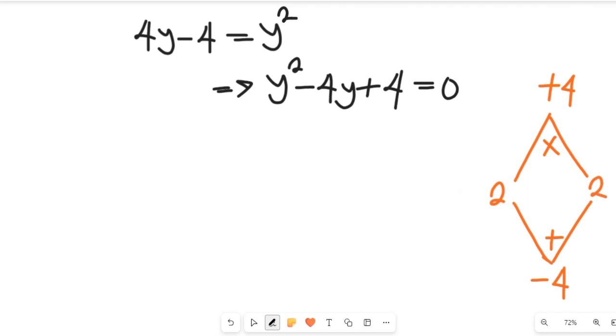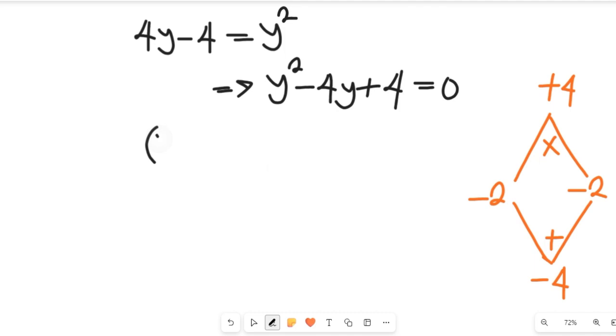If we put a negative sign to these two, negative 2 times negative 2, minus times minus will give us plus, 2 times 2 will give us 4. Fine. So negative 2 plus negative 2 will give us a negative 4. So negative 2 and negative 2 are the two factors.